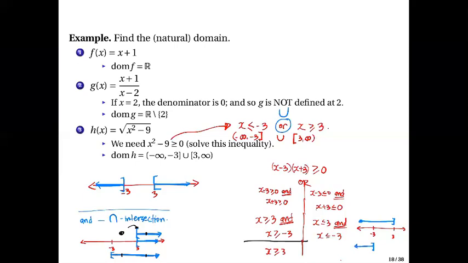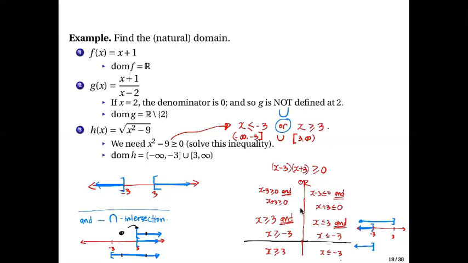And since you have the word "and" in here, you want the intersection of the two rays. And the intersection will be this guy here, which means coming from this case, what you only get is x less than or equal to negative 3.